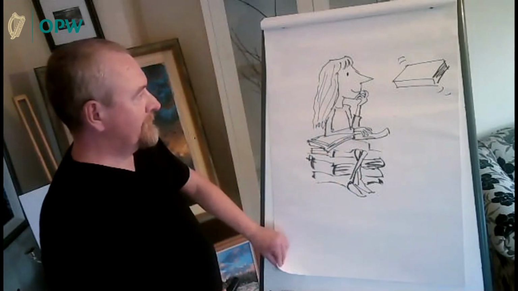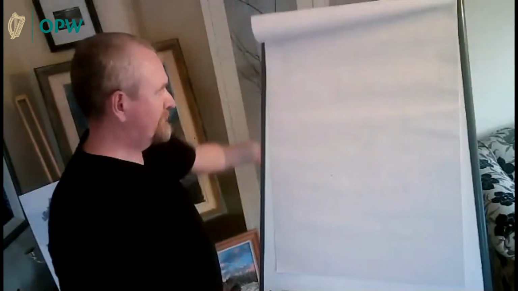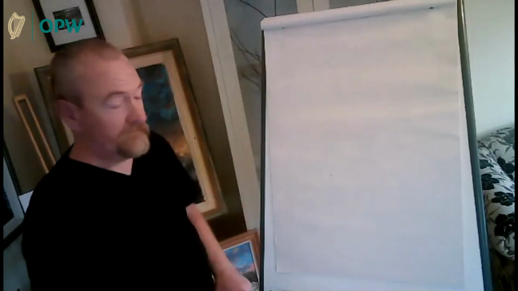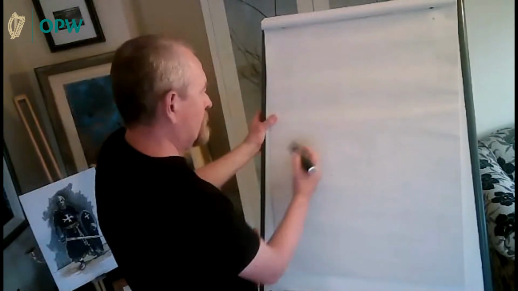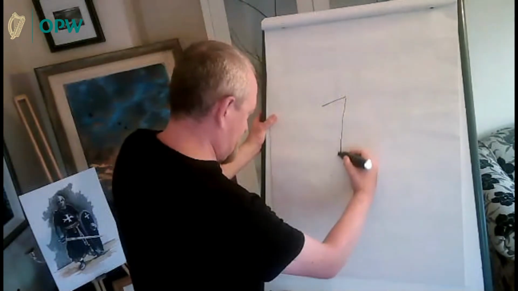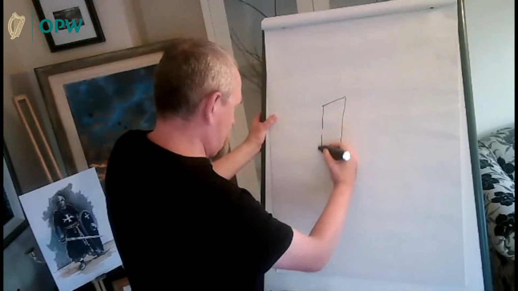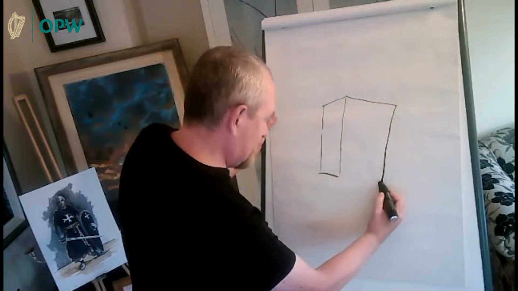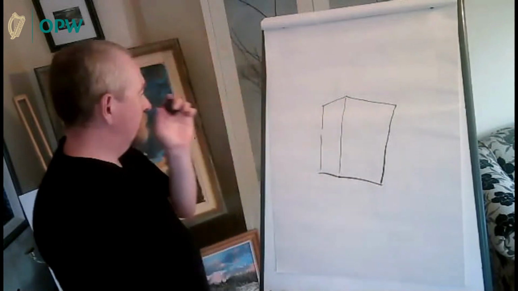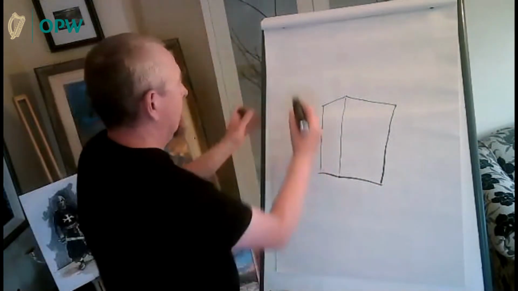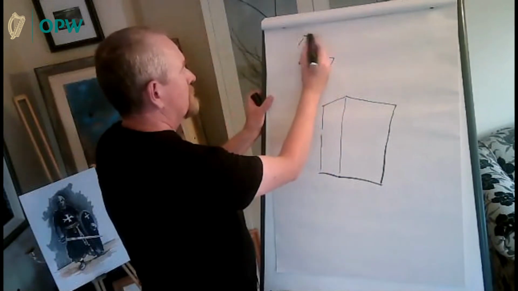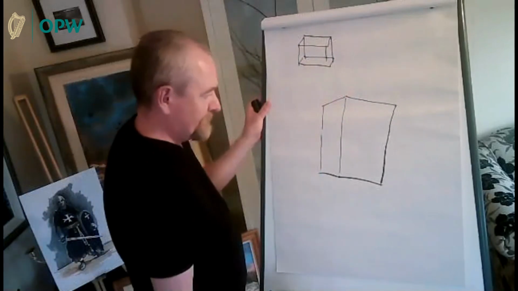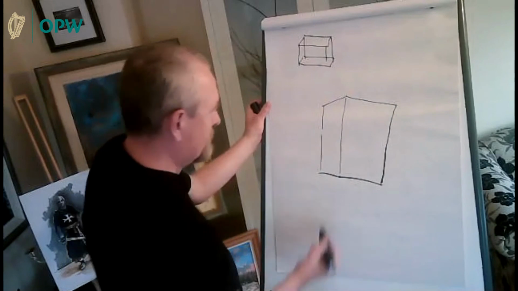Now, as a final demonstration of how this construction works, we'll take our box shape again and see how we can make that work. So there's our box. And then we're going back to rectangle, rectangle, joining the edges. So how can that work as a cartoon character?